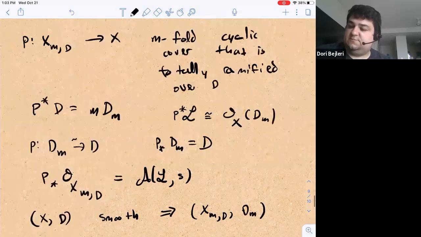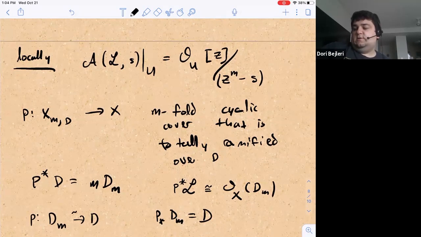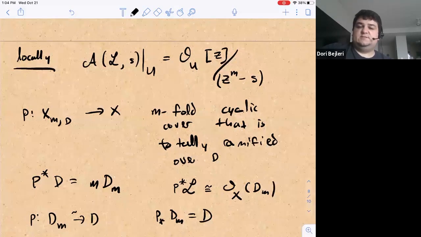And again, that just comes from this local description. So if X is smooth, then after completing, we can write down this O_U as some polynomial ring, and then we're joining one more variable and modding out by Z to the M minus S, where S cuts out some smooth locus in the polynomials x_1 through x_n, and so then by taking derivatives of this Z to the M minus S, you see that this guy is also smooth.